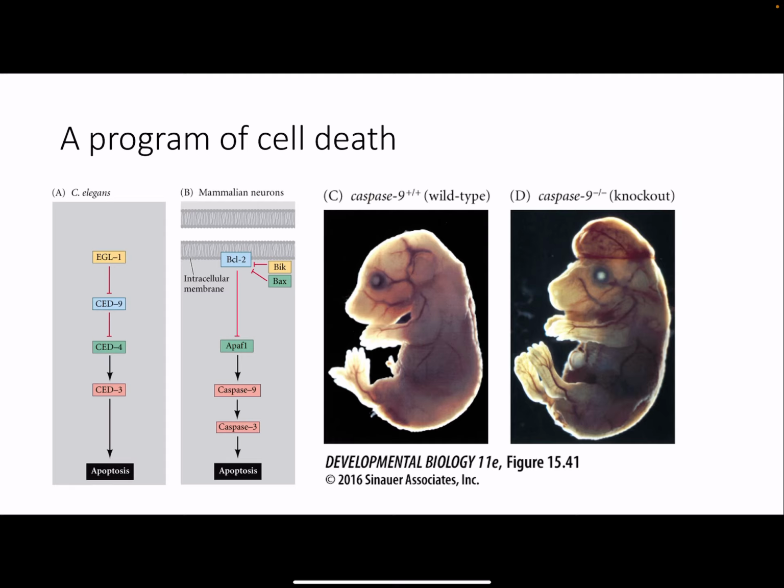Now, this process of pruning back is a really good example of programmed cell death, or apoptosis. In the developing nervous system, more than half of all the neurons that we create actually die. This helps us make sure that we create the connections that we need where we need them. It ensures proper spacing and orientation of neurons.